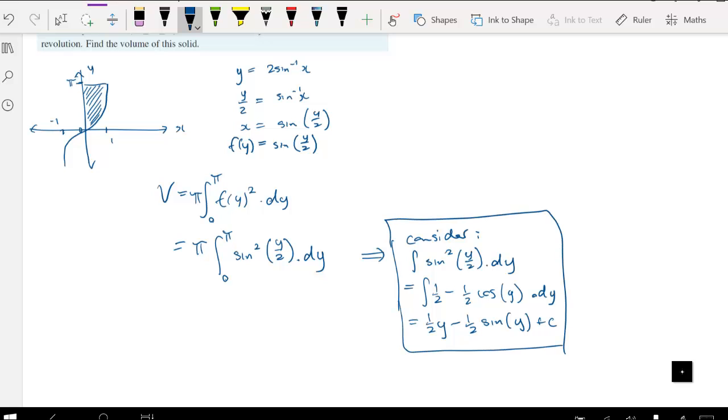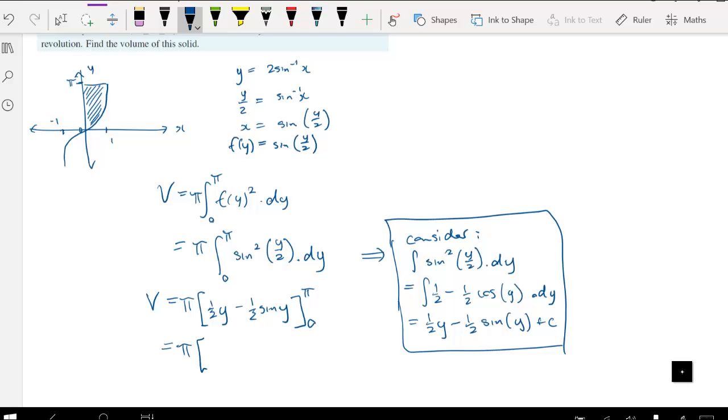So there's our integral, and that means that our volume will now be pi multiplied by 1/2 y subtract 1/2 sine y between pi and 0.